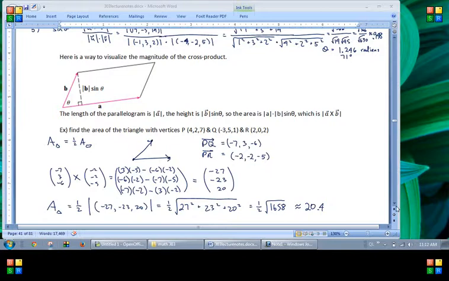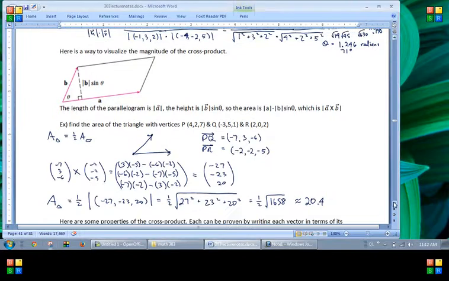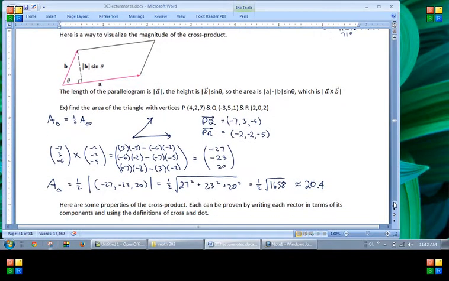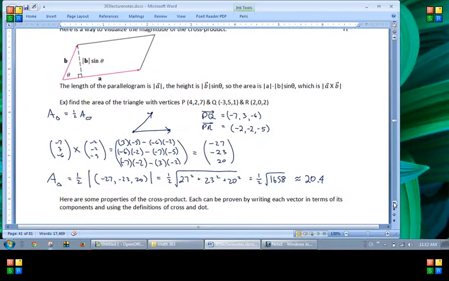Okay, so that was a nice math problem. So now, as with the dot product, there were a bunch of properties of dot product. Now for the cross product, I want to show you a bunch of properties of the cross product.